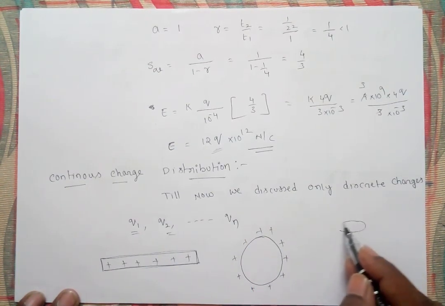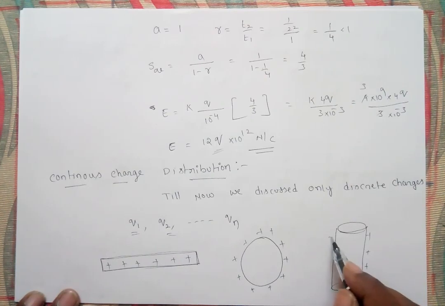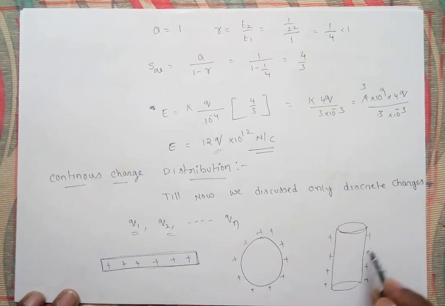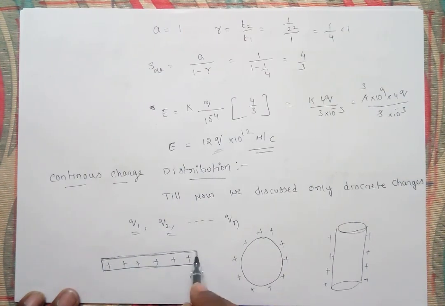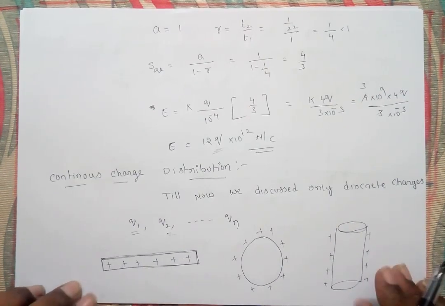Like that, if you take a cylinder, here the charge is distributed over it. So this also cannot be treated as a discrete charge. Here the charge is completely distributed over the body. Not only on the surface; if an insulating material is taken, charge is present inside it also. So such kinds of bodies are there.